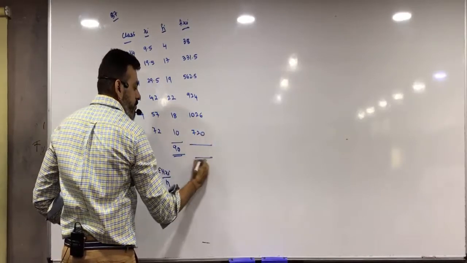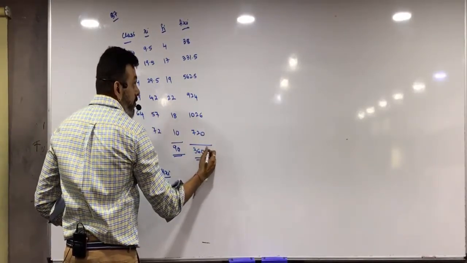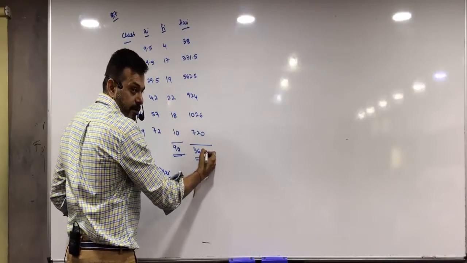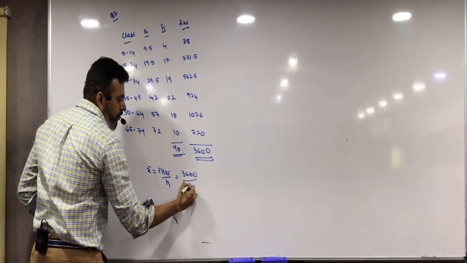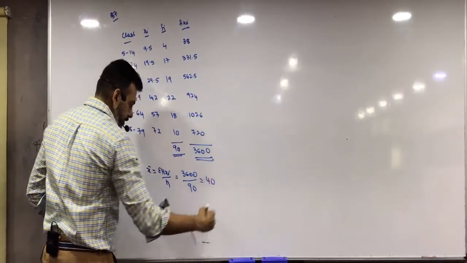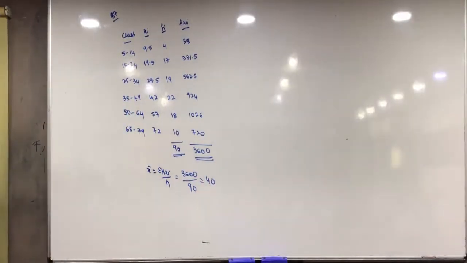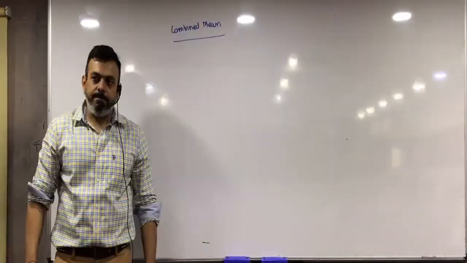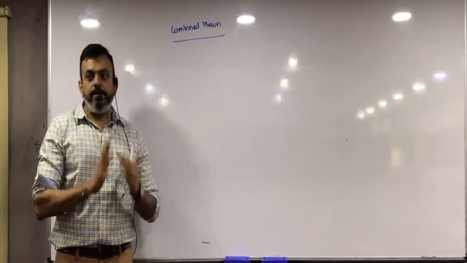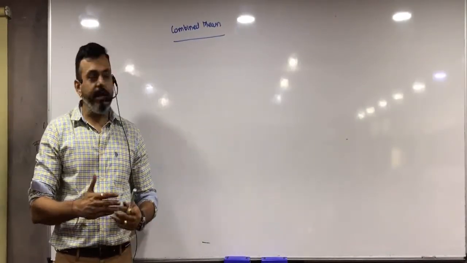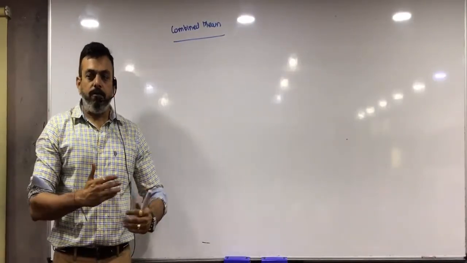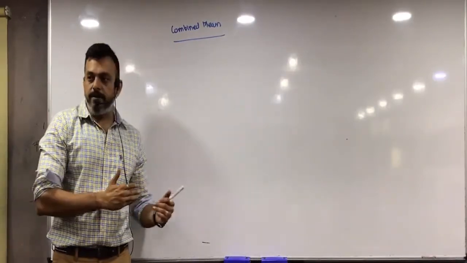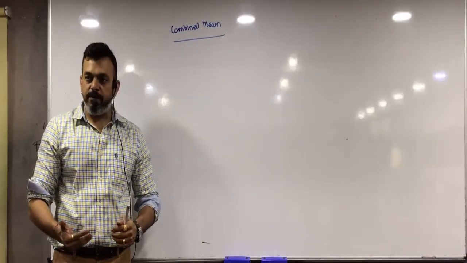What's the total? 3600. So 3600 upon 90 is equal to 40. Okay, first you understand the concept over here, because here you will be getting sums in a paragraph format. So if you do not understand the concept, you may make some mistakes.